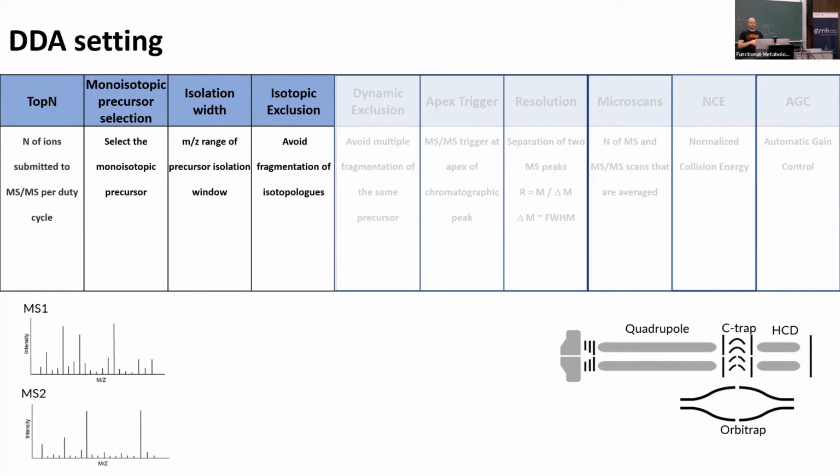Maybe if you look for halogenated compounds, they become more important. Classic metabolite, you would have an isotope pattern like this, then you don't really need monoisotopic precursor selection. So then it's optional. It's more for certain compound classes or for larger molecules like peptides or proteins.